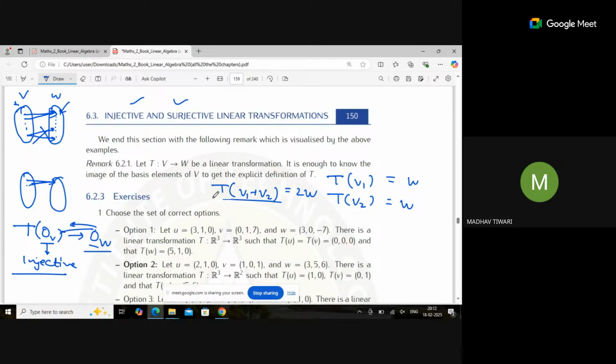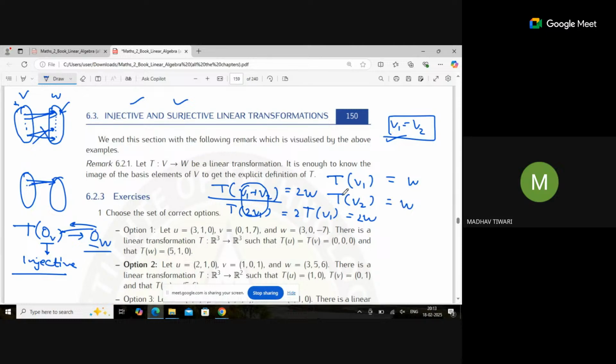And I can also write this as the transformation of 2 times v1, which is twice the transformation of v1, that is nothing but 2w. If you compare these two values, you will get that v1 is equal to v2.